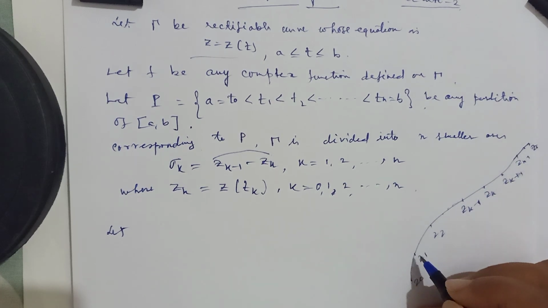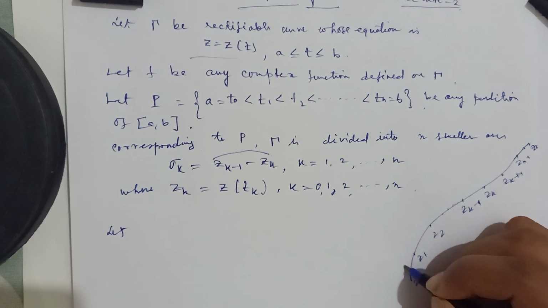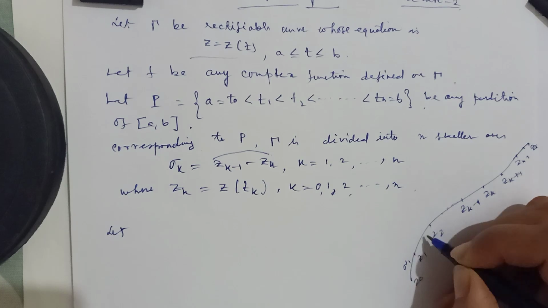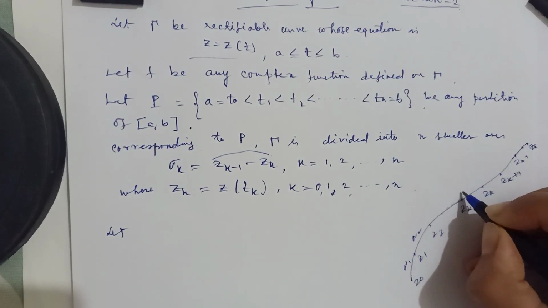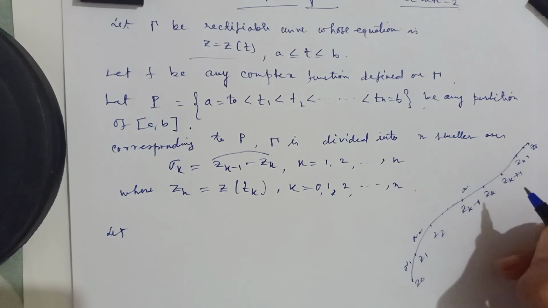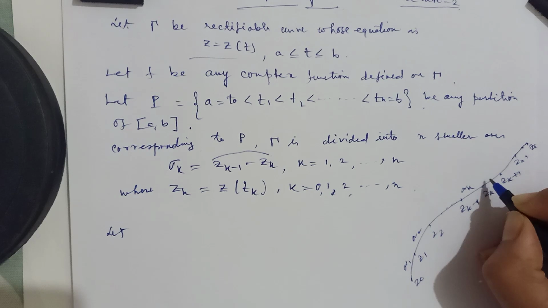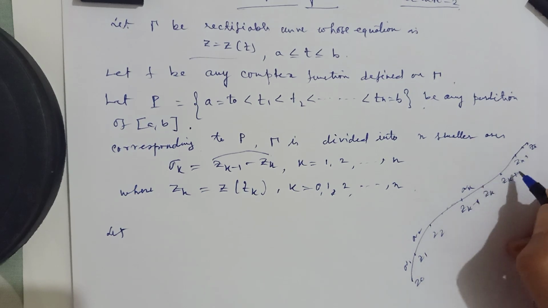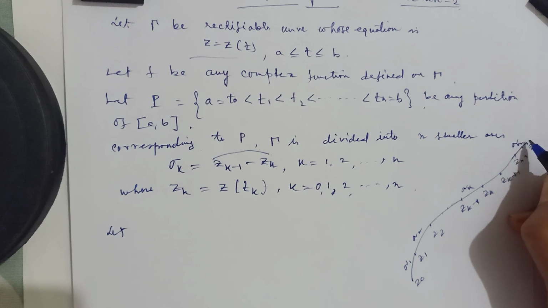Now this arc is sigma 1, this arc is sigma 2, up to this arc is sigma k, up to this arc is sigma n.